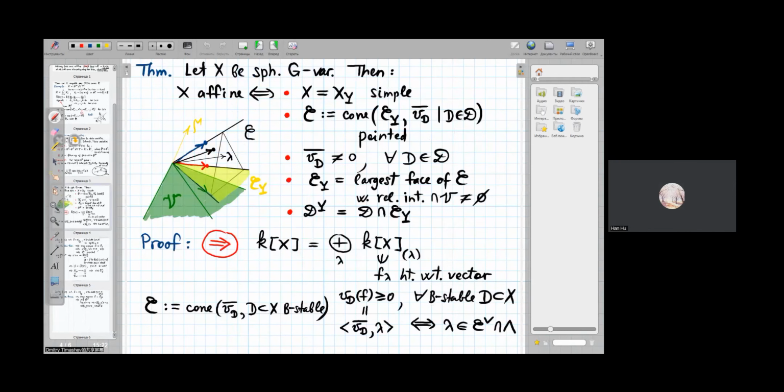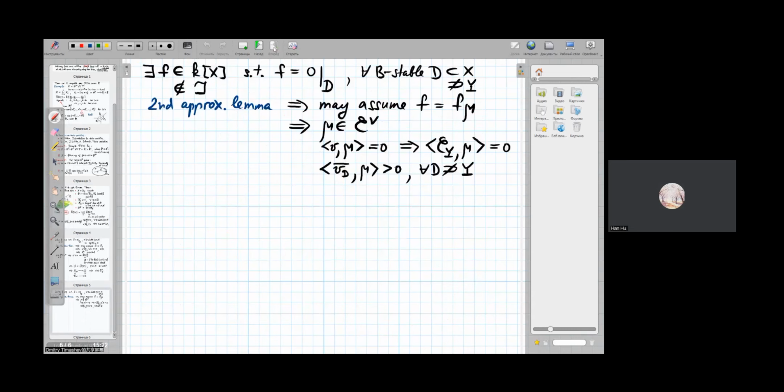So the vector v will be somewhere here. Let me draw it somewhere here, not like this, but thinner. But maybe let it be this one. This will be my vector v. It sits in the relative interior of some face of C marked by yellow, and mu is exactly the supporting linear function for this face.